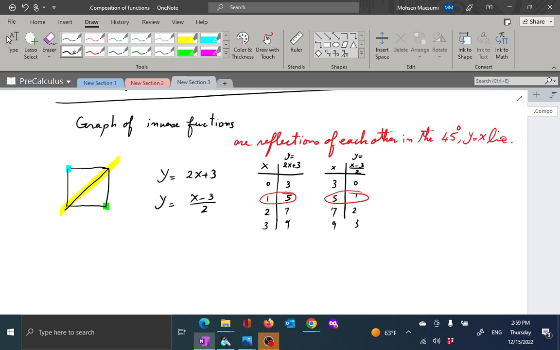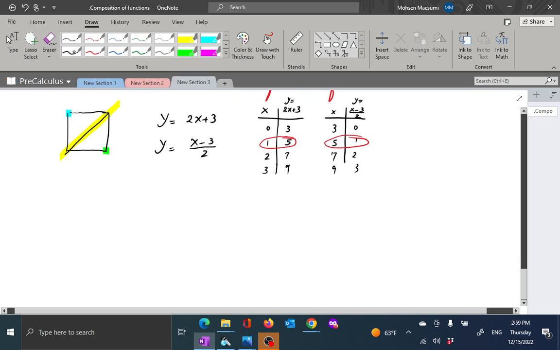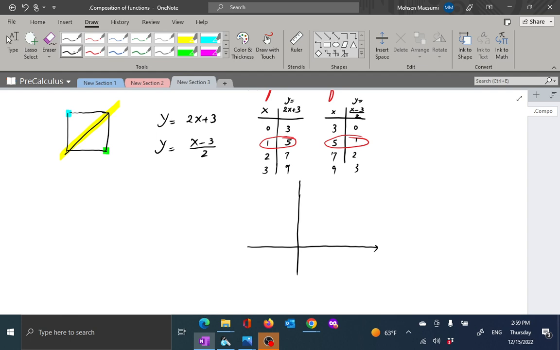Let's draw both of them at the same time. So this is my x and y. (1, 5): 1, 2, 3, 4, 5. So I have one point here. The other one is (5, 1): 1, 2, 3, 4, 5.